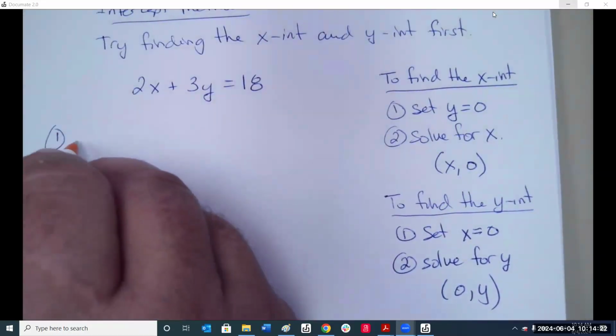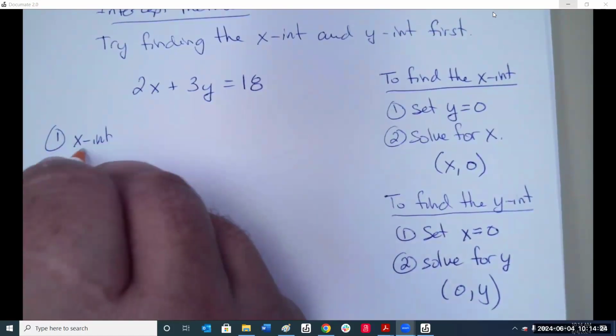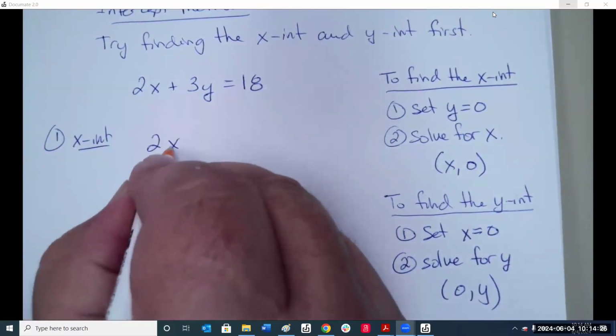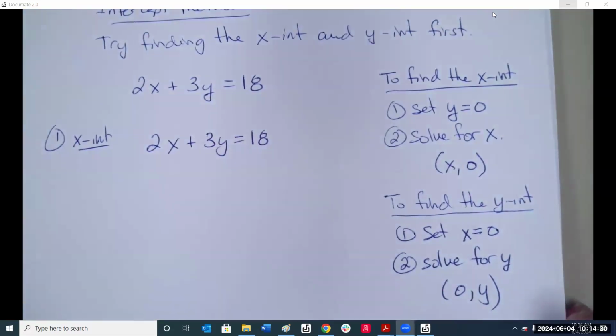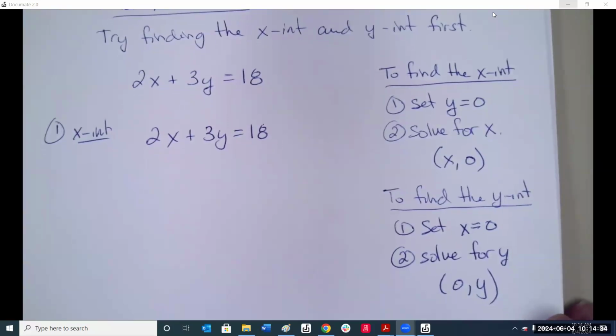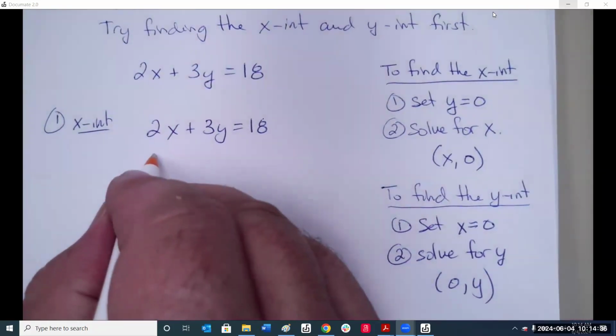So first off, x-intercept. What do we do first? Set y equal to 0.